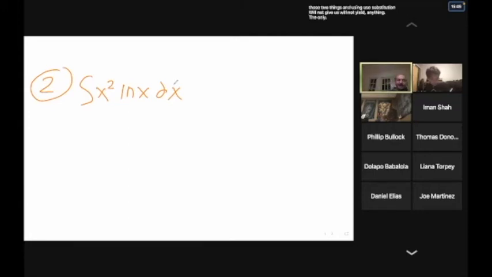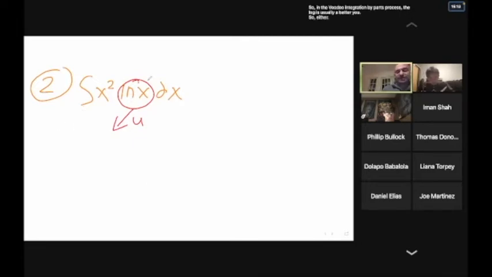The only caveat in this question is you've got to be careful about what you choose as u. So just a little rule of thumb here. Even though x squared is coming first, it behooves you to let u equal ln of x here. So in the voodoo integration by parts process, the log is usually a better u.